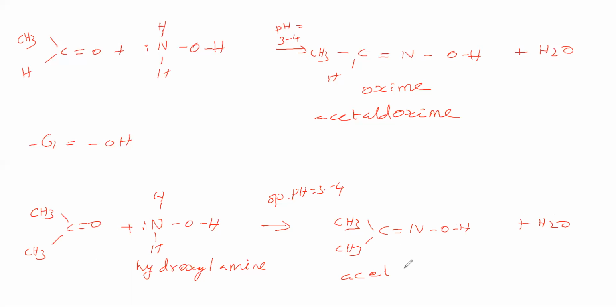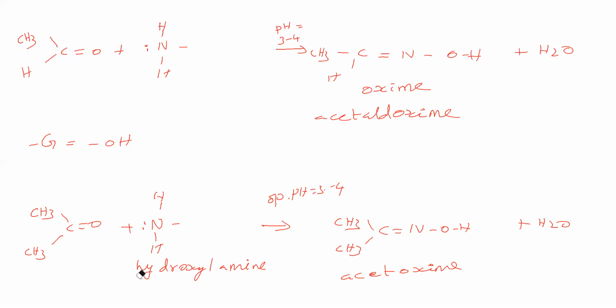So in the acetone you take this and include oxime. Acetoxime we get. So the carbonyl compound reacting with the ammonia derivative, hydroxylamine, gives acetaldoxime and acetoxime. Next we will change the ammonia derivative.